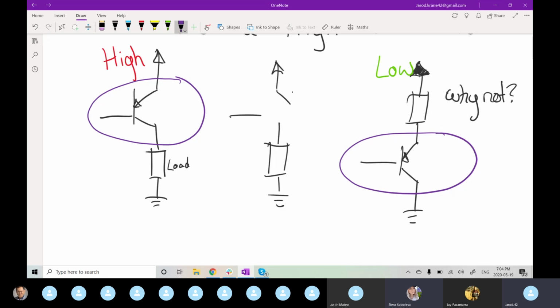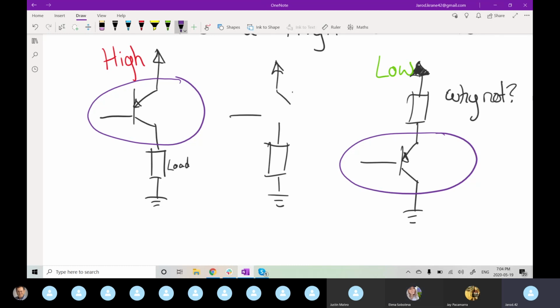Okay, got it. And for PNP we need to use a high side switch, and for NPN we need to use a low side switch. Is that correct? Yes, that's the typical use case because it's the easiest use case.